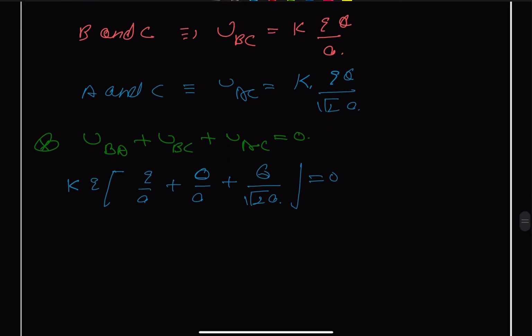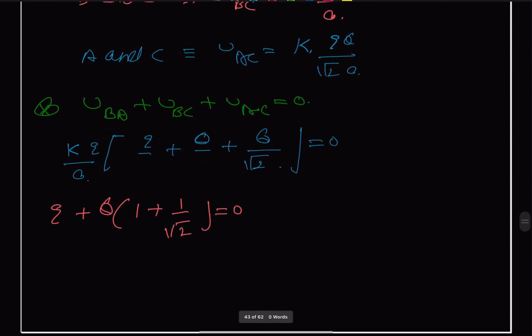And we can also take A as common, and this comes as divided by A. So we get from here that Q plus capital Q (1 plus 1 upon square root of 2) is equal to 0. Therefore, we need to find the value of capital Q.